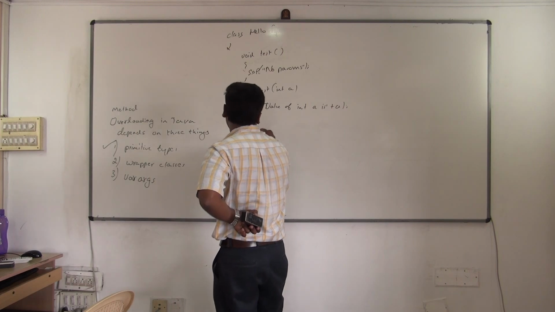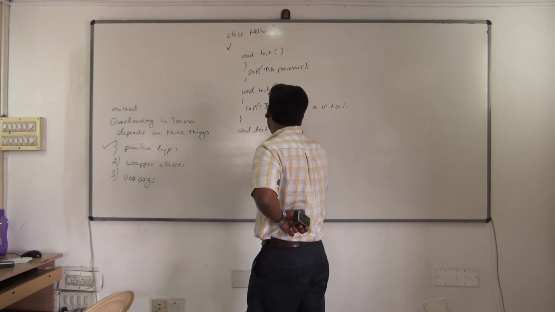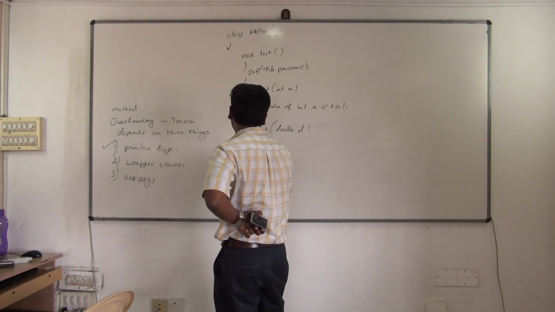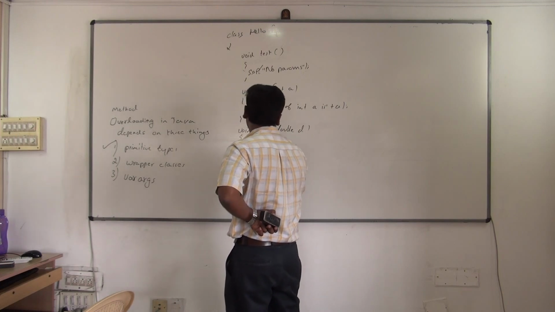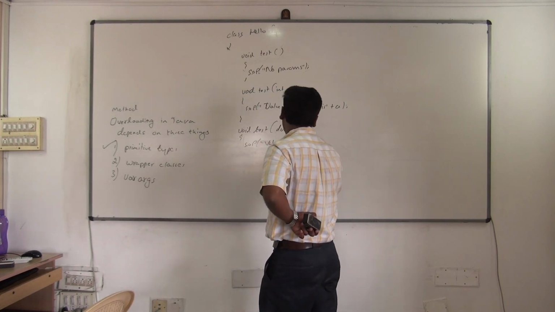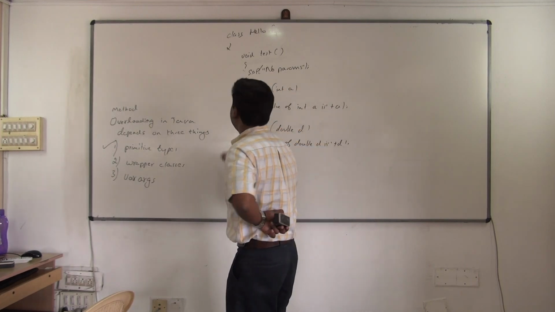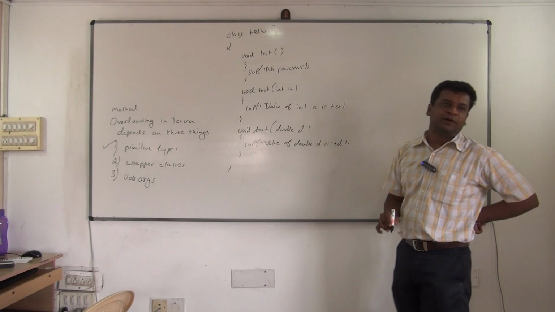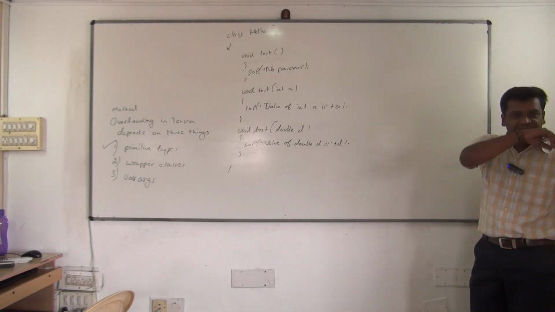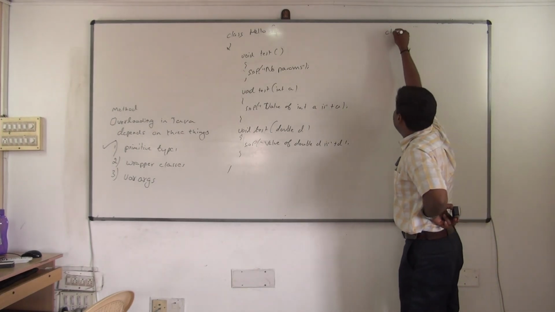Void test(double d), value of double d is plus d. So I have written three methods: one with no parameter, one with int, one with double. So let's see how to use this.